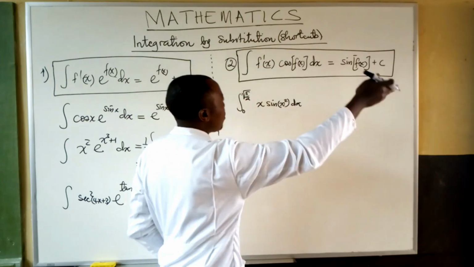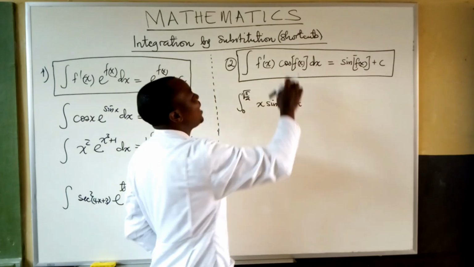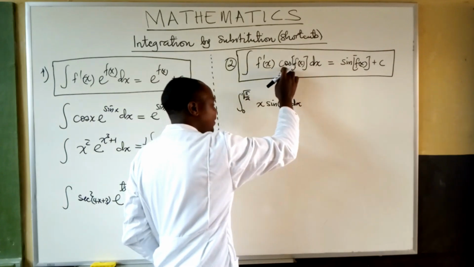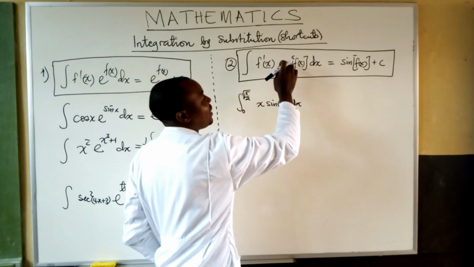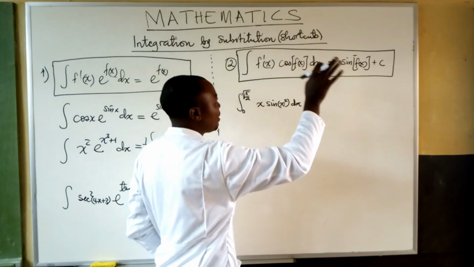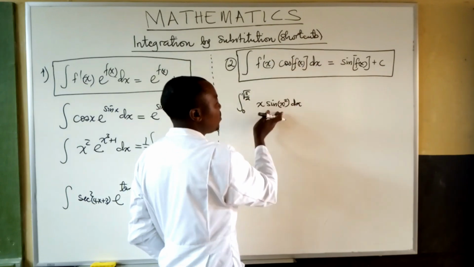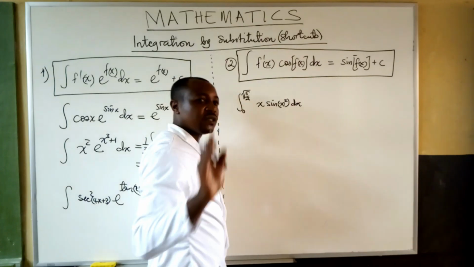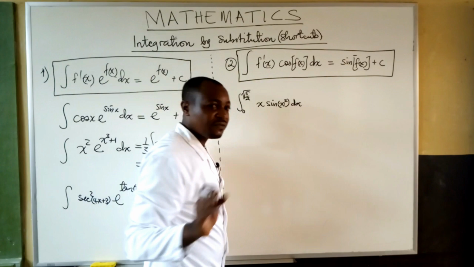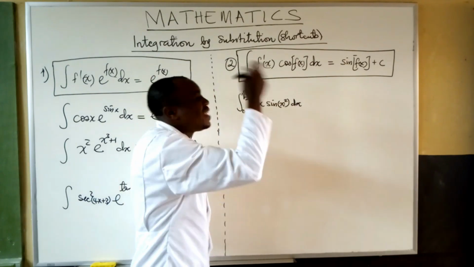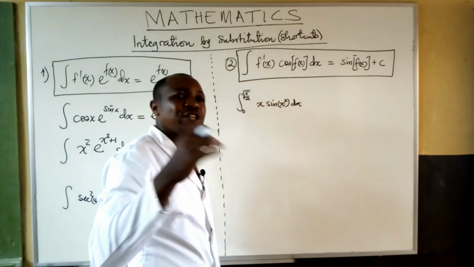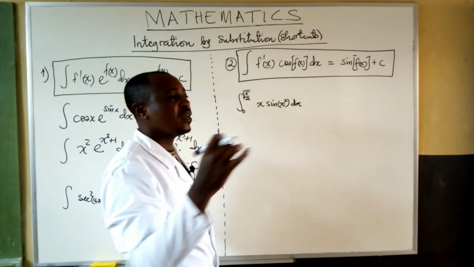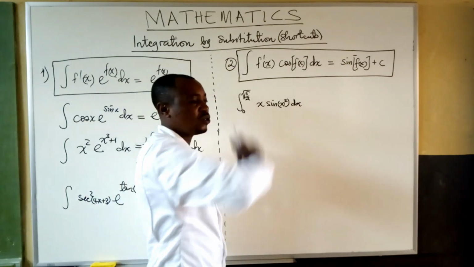That is where this one is coming from. So normally any trig function that is here, it could be tan, it could be sine, like in this case, you simply ignore the differential that is multiplying the trig function, then change the trig function to the corresponding trig function that you usually obtain when you integrate it.